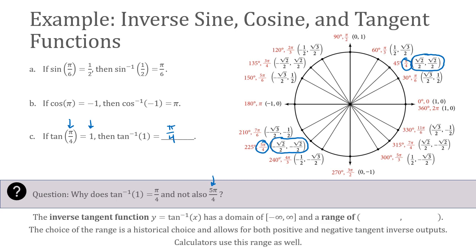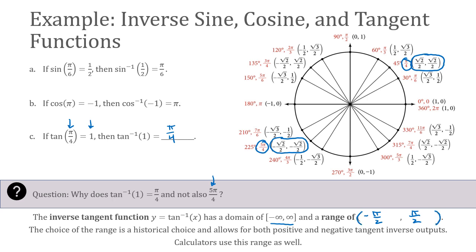The inverse tangent function, y equals inverse tangent of x, has a domain of all real numbers, and it has a range from negative pi over 2 to positive pi over 2. That's the same that we saw for the sine function. However, in this example, notice that there are parentheses, not brackets.